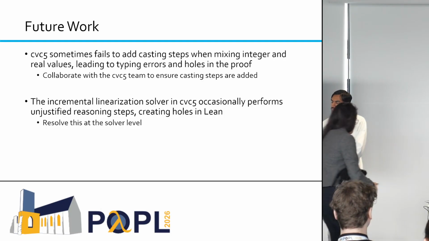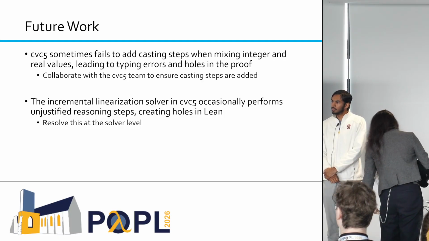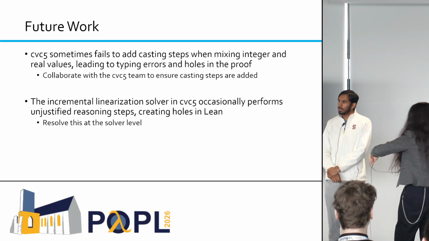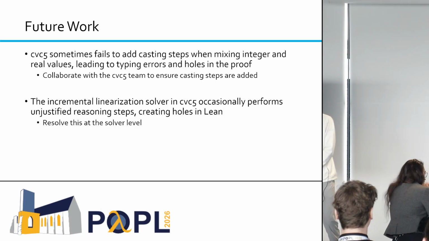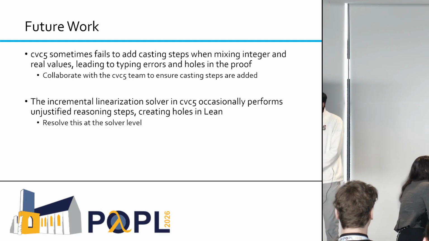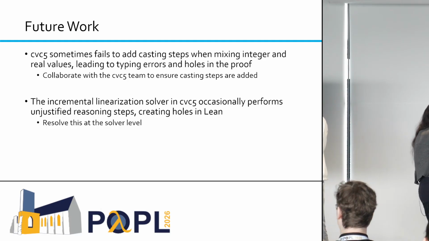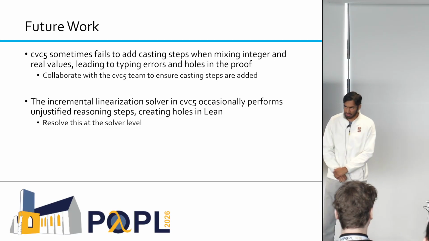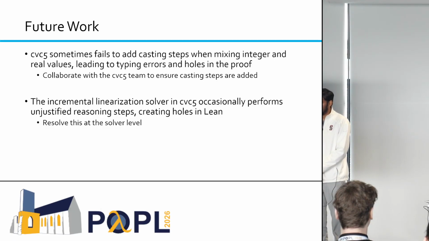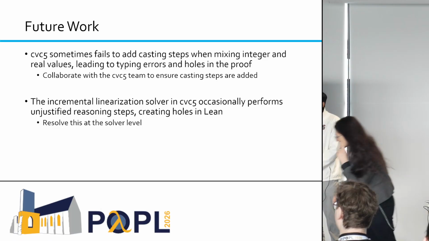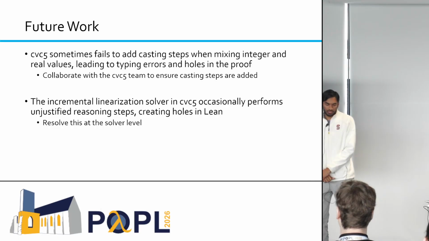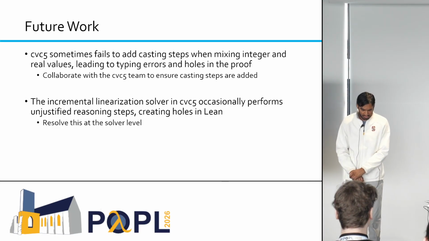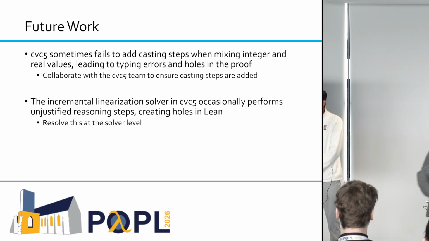Am I correct that in CVC5 all numbers are in the same type? Is there a difference between real numbers and other numbers? Are pi and 5 in the same type? So, you could declare them as real numbers, yeah. So that means all your formulas are mostly manipulating real numbers. I guess you could also declare 5 as an integer.